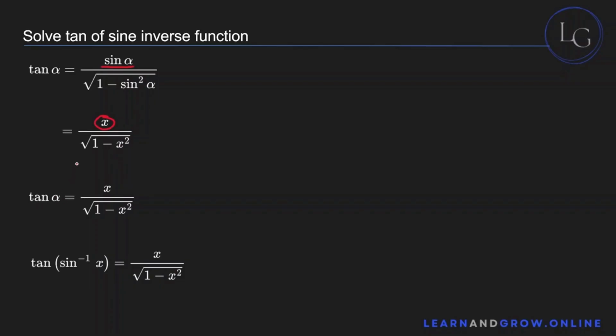And now since tan of alpha is equal to x over under root 1 minus x squared, tan of sine inverse of x is also equal to x over under root 1 minus x squared, because alpha, as we said initially, was equal to sine inverse of x. So now you've proven the original equation.